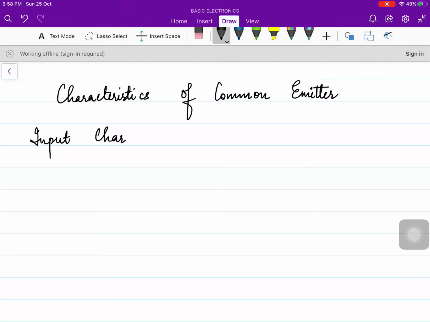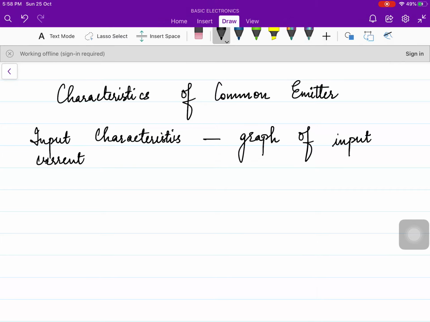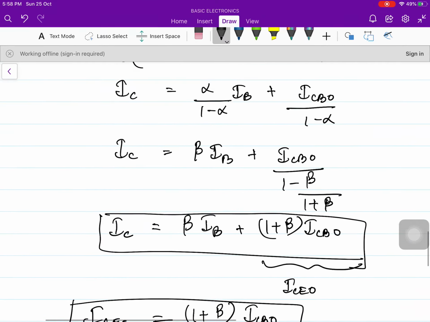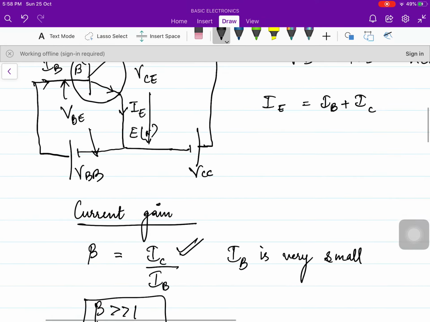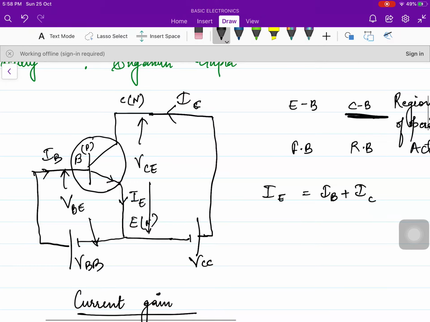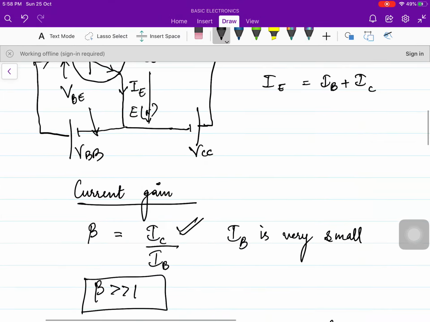Input characteristics will be the graph of input current, which is IB, versus input voltage, which is VBE. You can look back into the circuit diagram. Output current is IC and output voltage is VCE.